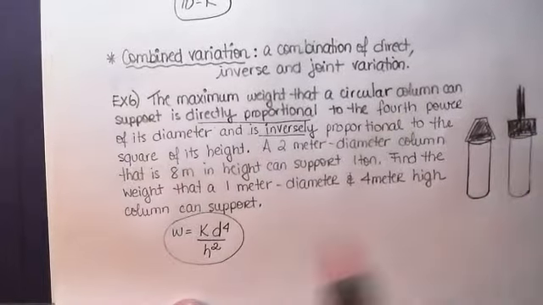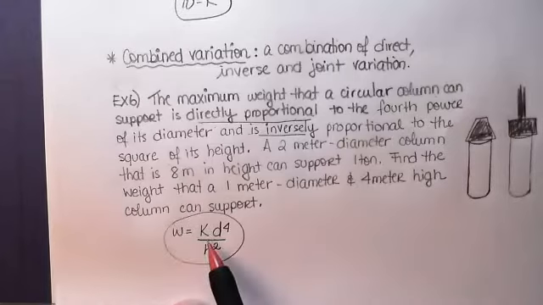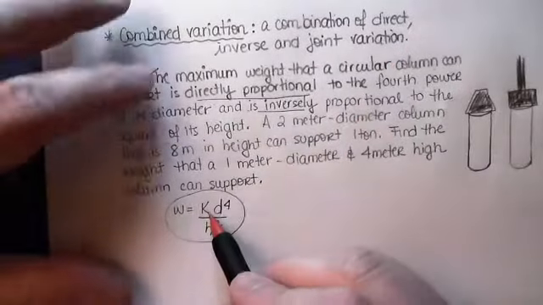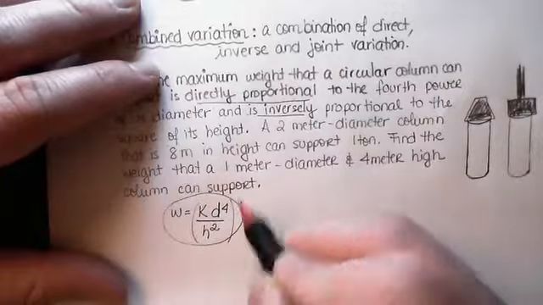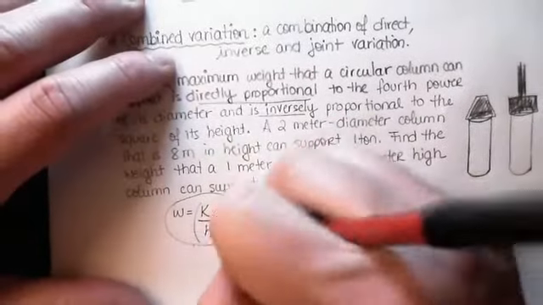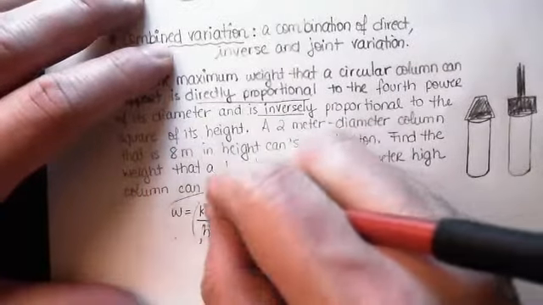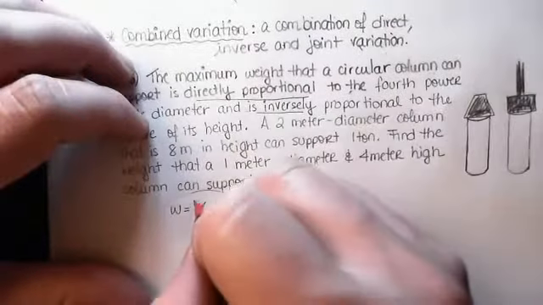It tells us that these columns have a constant of variation. So let's go ahead and first get that constant of variation by itself. So let's say I have this, and I'm going to get that k alone.